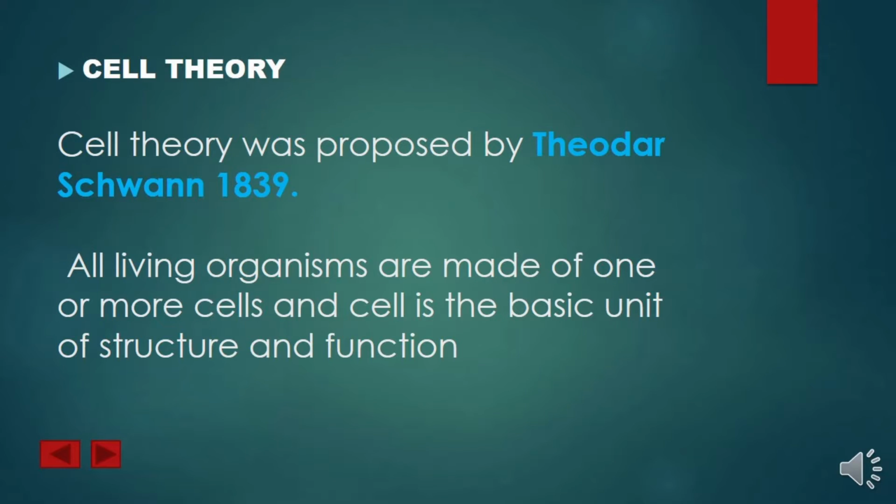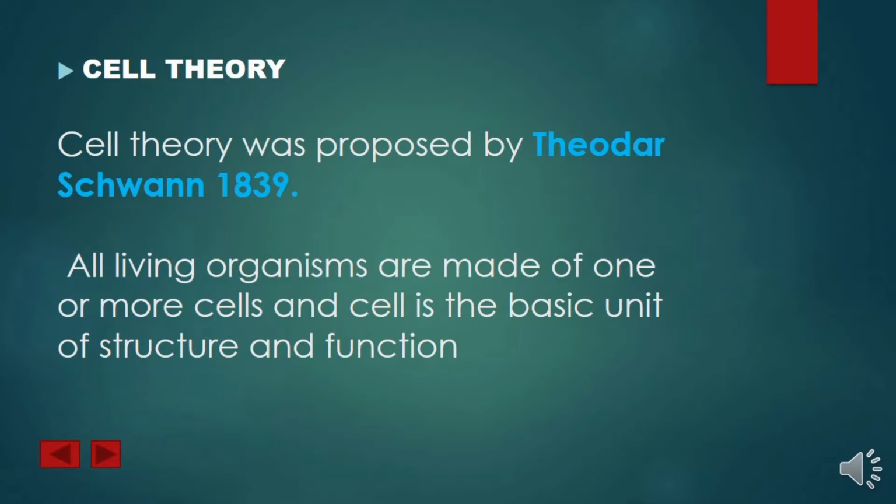Cell theory was proposed by Theodor Schwann in 1839, and he postulated that all living organisms are made up of one or more cells, and the cell is the basic unit of structure and function. In 1665, Robert Hooke was the scientist who first used the term cell.